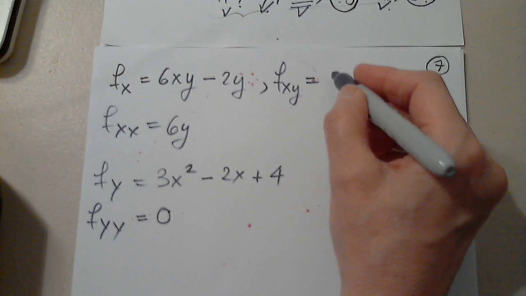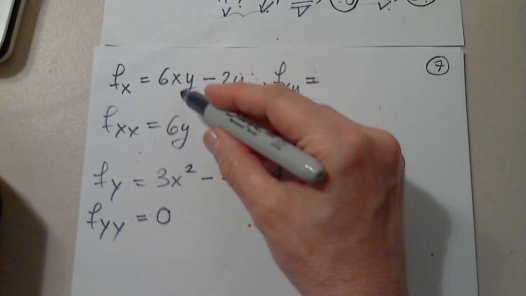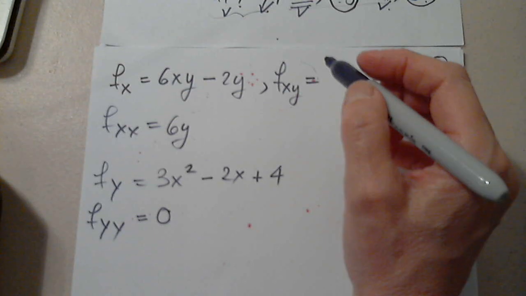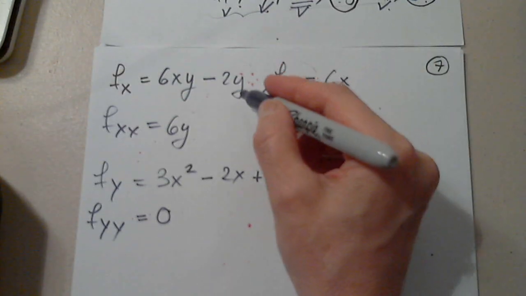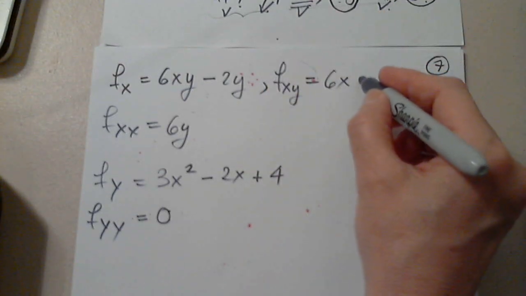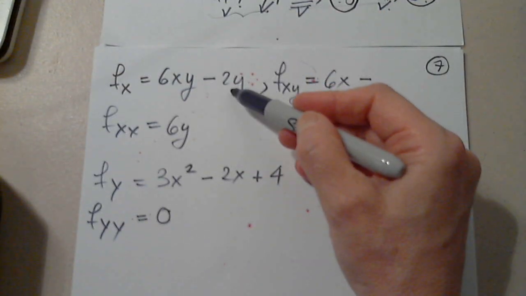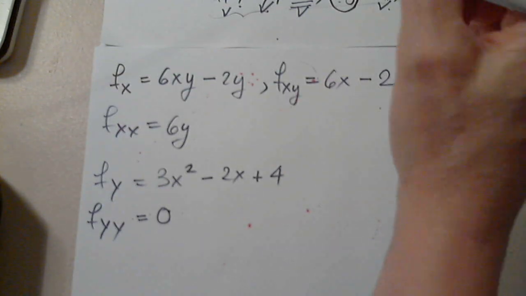Would it just be 6? But what happened to x? It is a 6x. Good. We differentiate this with respect to y. Just minus 2. That's it. Awesome, so this is done.